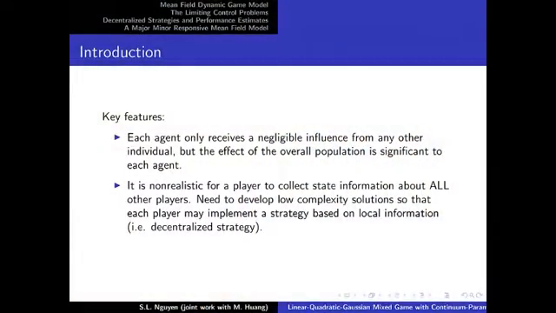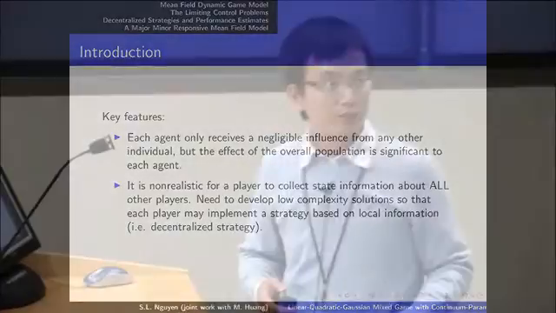For this kind of system, there are two key features. The first is that each agent only receives a negligible influence from any other individual, while the effect of the overall population is significant to each agent.